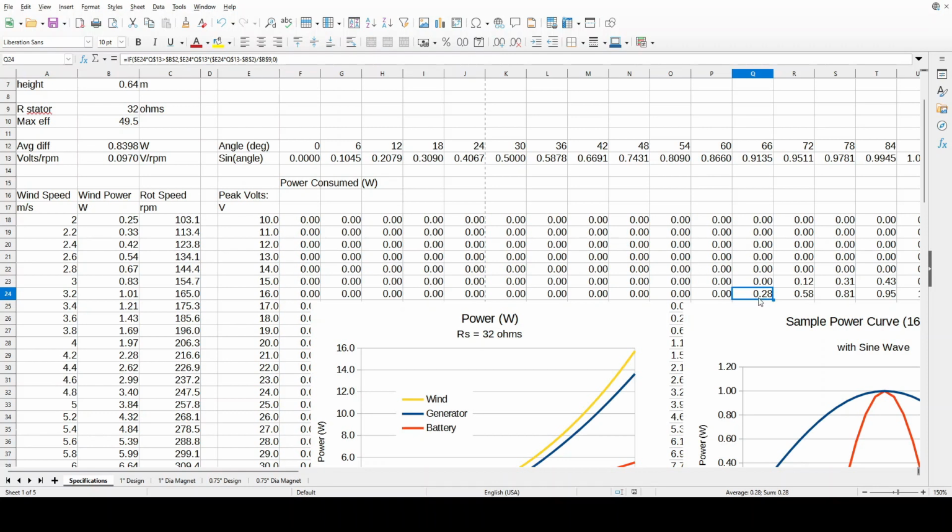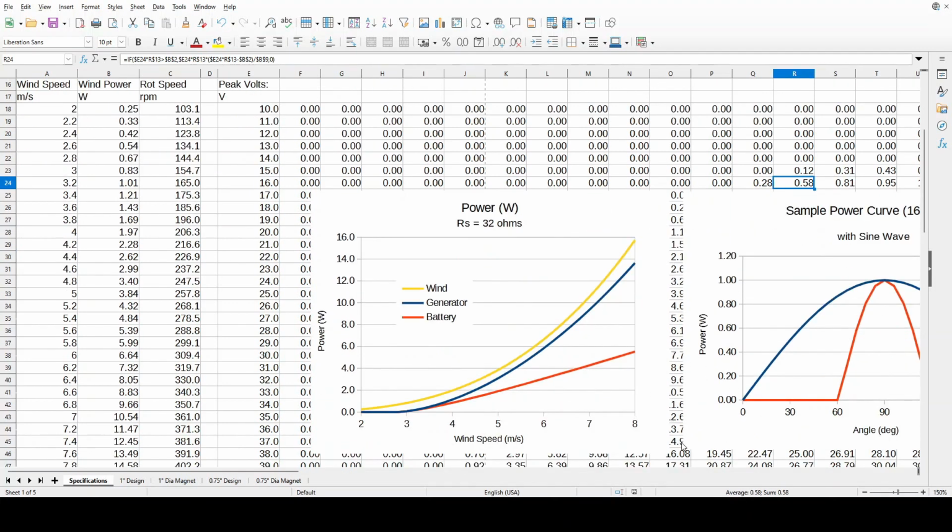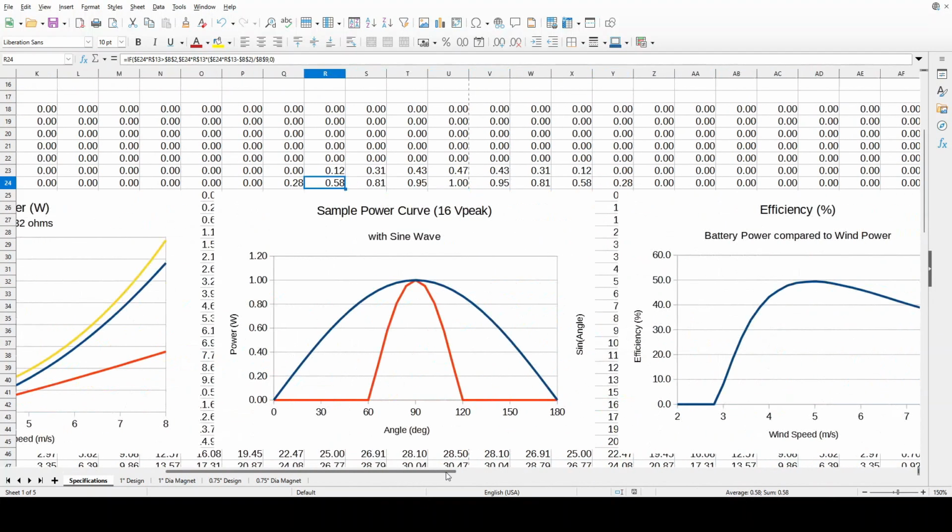If it's less than the battery voltage, then the power is 0. So when the speed is low and the peak voltage is less than battery voltage, we just get 0 power. However, like here, we get a little bit above the battery voltage at some point, and we start producing power. And that's this red curve here. So this is just representative.